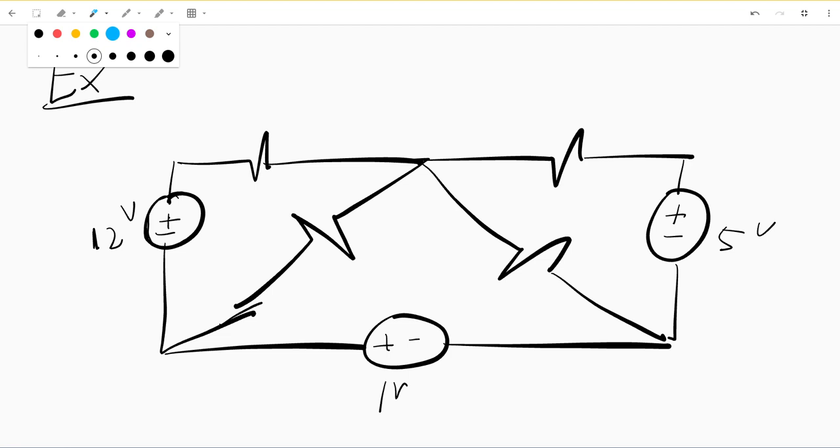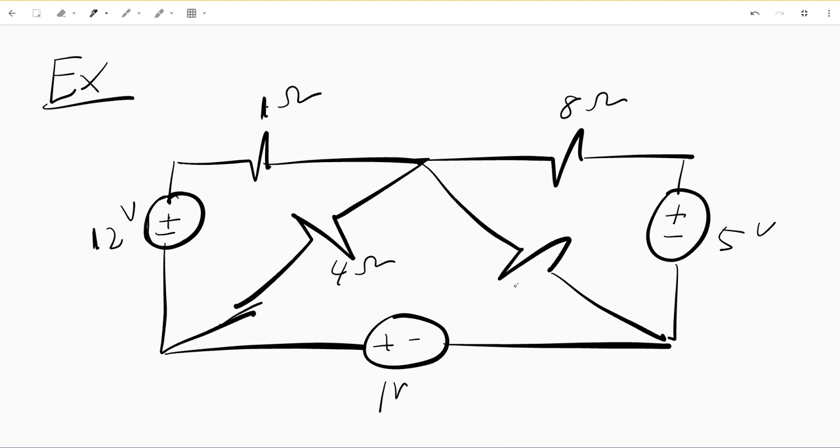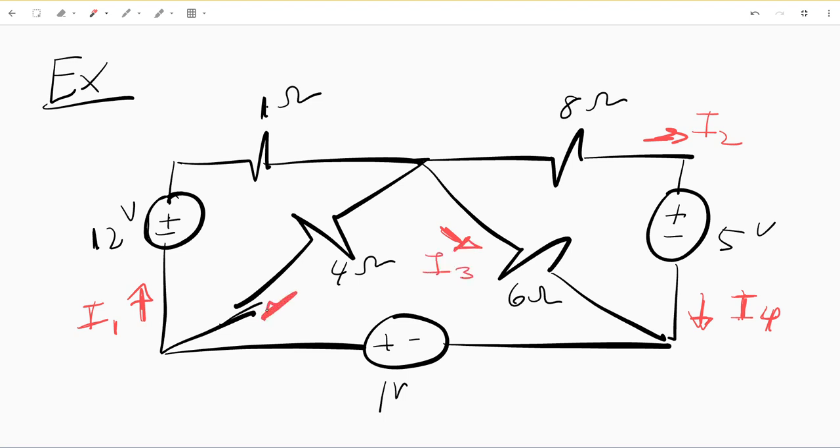Now, we're given resistor values of 1 ohm, 8 ohms, 4 ohms, 6 ohms, and we're given circuit currents: I1, this is I2, this is I4, this is I3, and this is I5.